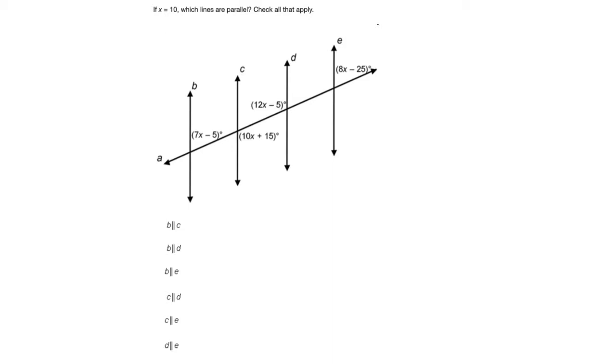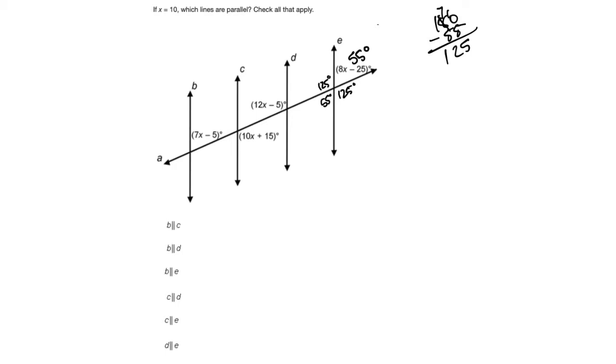So that one is 55 degrees, which means 180 minus 55 would give us 125. So that would be 125. So that would be 125. So that would be 55.